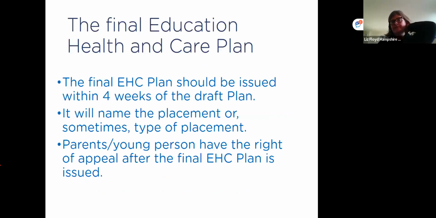The final plan should be issued within 4 weeks of the draft plan. Sometimes this happens, sometimes it might not. It should name the placement, or at the very least the type of placement. Sometimes people have found that if there's not a space in their choice of school, they might be put on a waiting list, and the local authority might name specialist provision on the EHC plan until that place is available, and then add that on later.